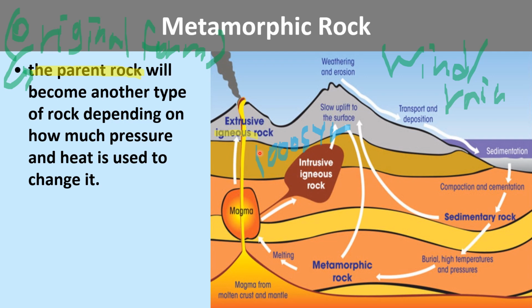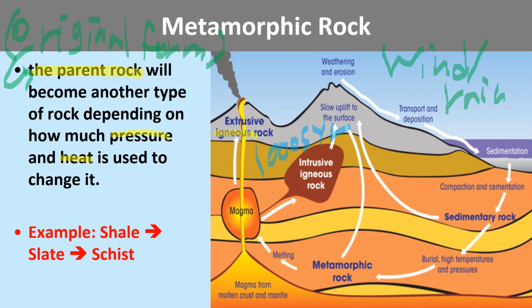So long story short, you have an original form, whether it's sedimentary or igneous, depending on the location or flow of this rock cycle. If it undergoes high pressure and high heat, and they combine together, we have something called metamorphic rock.